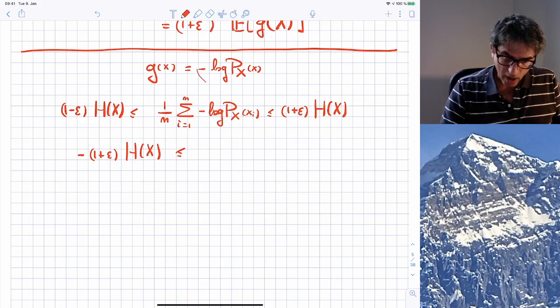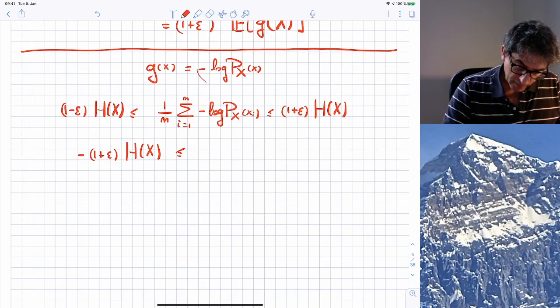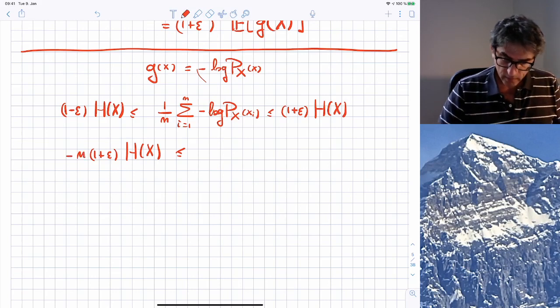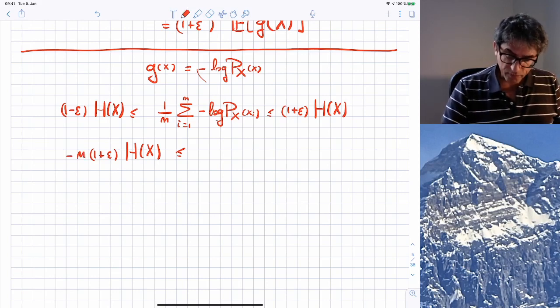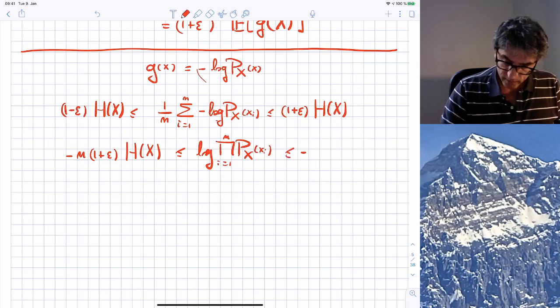Then I write this 1 over n. Actually, I multiply also by n, so let's put here a minus n. The sum of log of p can be written as the log of the product, and here I have minus n 1 minus epsilon H.